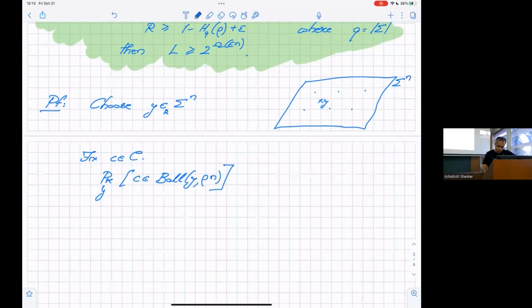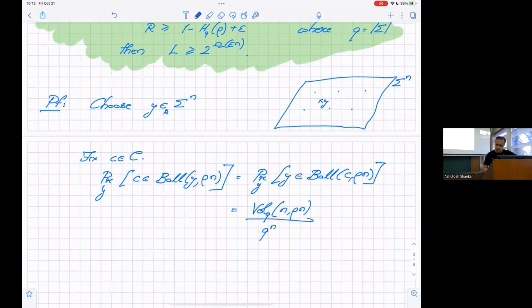It's the same as the probability of y in the ball around C of radius rho n. So this is exactly the volume of the rho n ball divided by q power n.